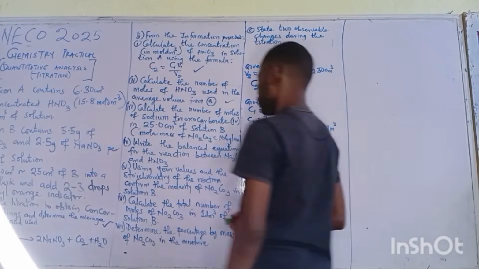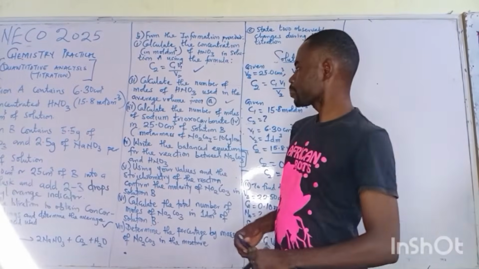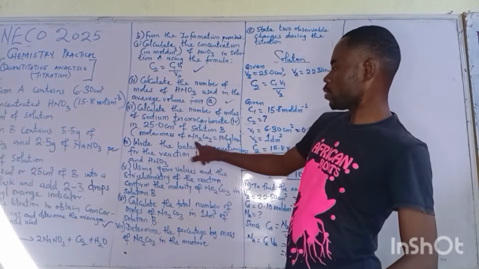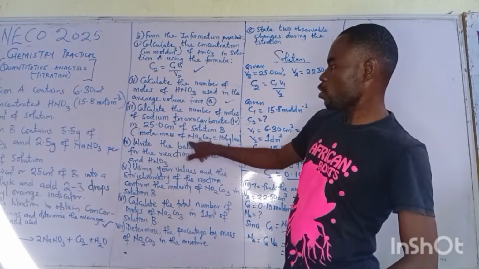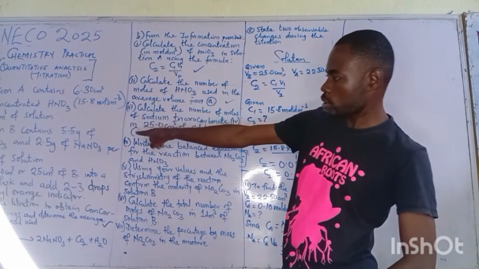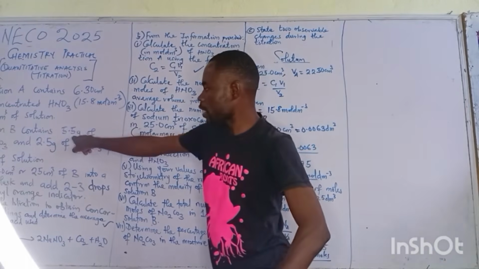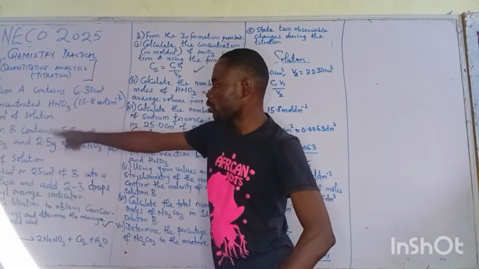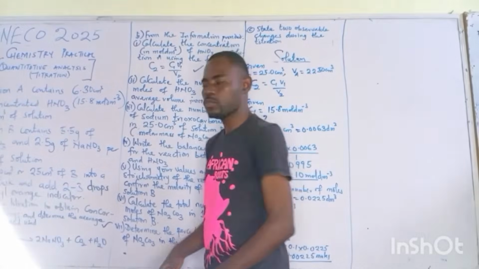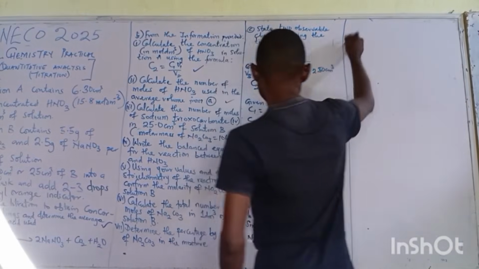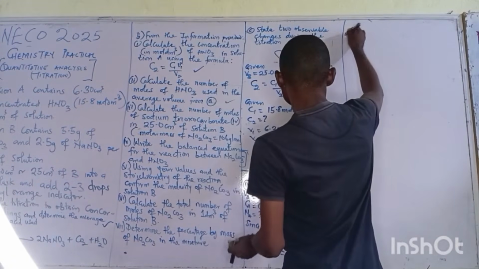Here we go again. Using the information, we are working with sodium carbonate now. They gave us 5.5 grams of sodium carbonate in 1 dm³. The molar mass, let me put it at number 3.